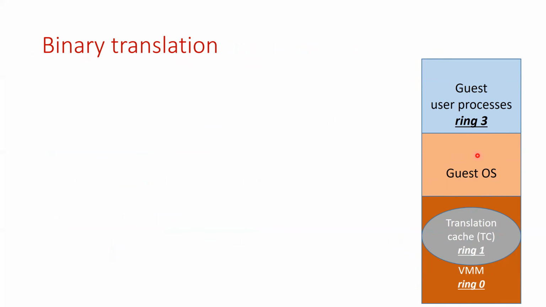It might have some sensitive, unprivileged instructions which are not safe to run in ring 1. So all such instructions are suitably translated, placed into a translation cache inside the VMM, and this is where the guest OS executes from. We never run the guest OS binary directly. We always run the translated guest OS code in ring 1. And of course, whenever it has to trap, it jumps to the VMM code in ring 0.